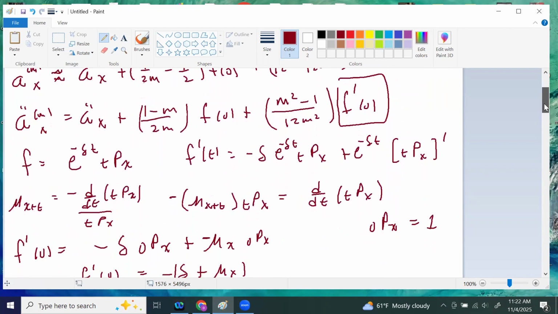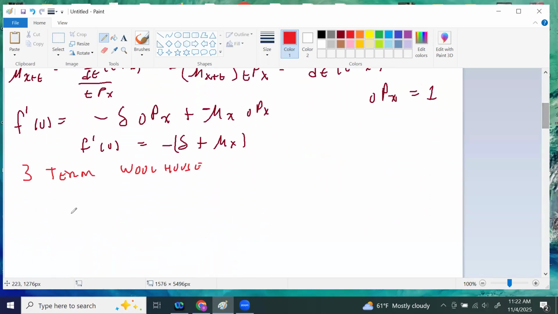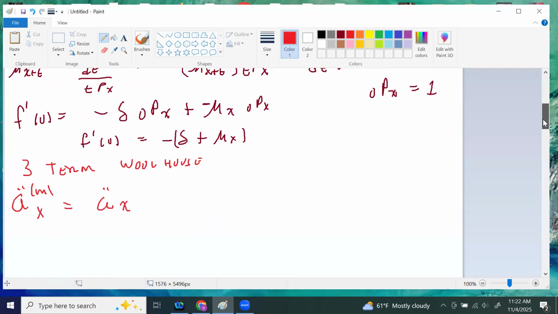So now we get to the official three-term Woolhouse. And that is going to be this right here. And then we have what I call the trapezoidal term. So I'm going to subtract m minus 1 over 2m.